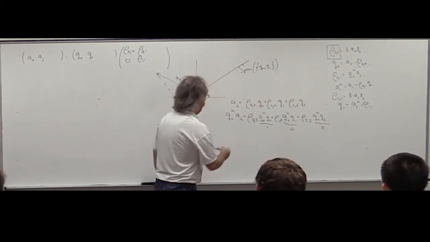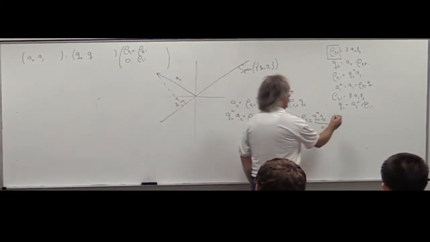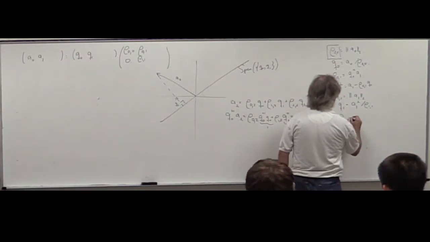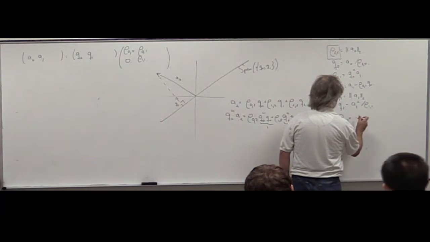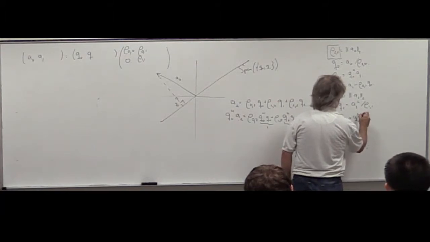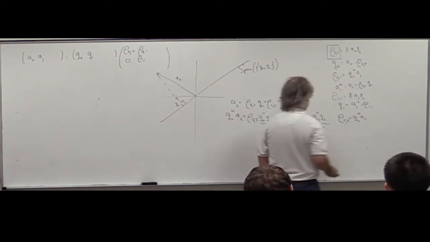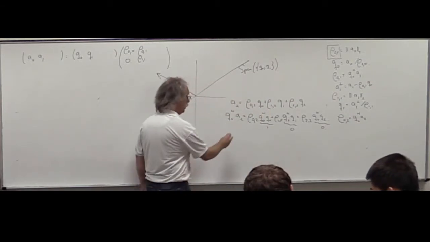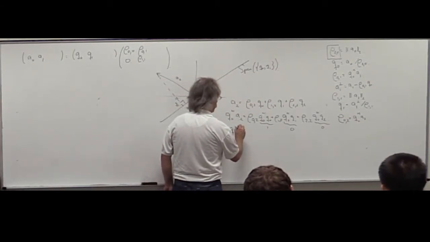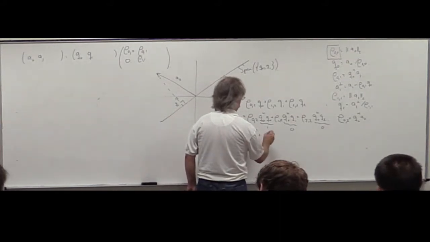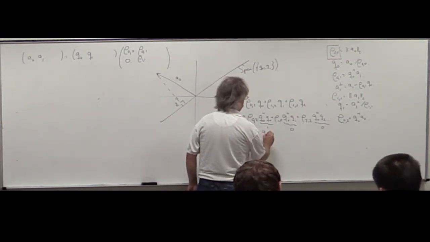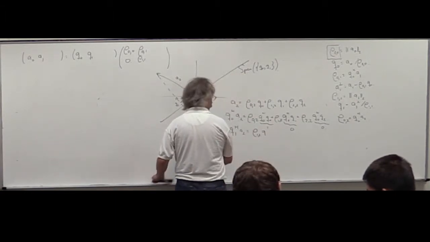And what you find is that we have a formula for computing the coefficient for the component in the direction of Q0. Similarly, you can argue that Q1 Hermitian A2 is rho 1,2 times 1.